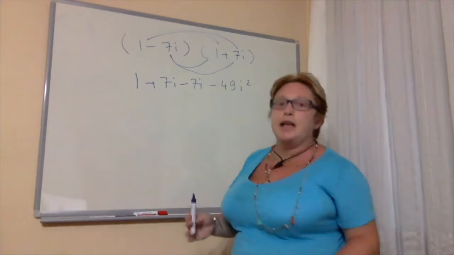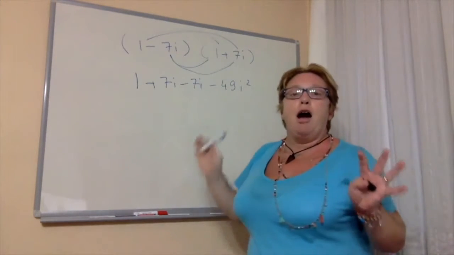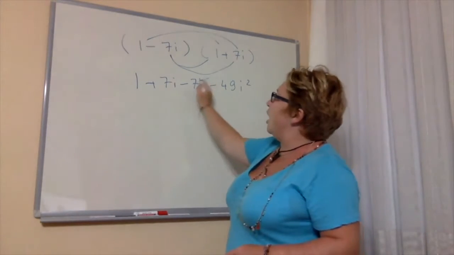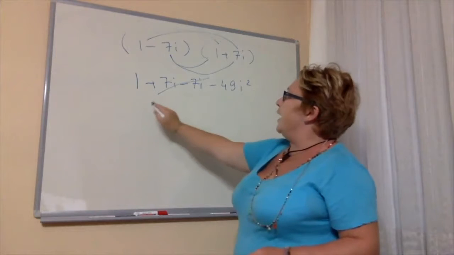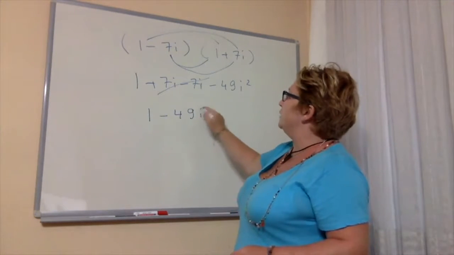Now notice here that 1 minus 7i and 1 plus 7i are conjugates of each other. So when that happens, the i terms cancel and we simply have 1 minus 49i squared.